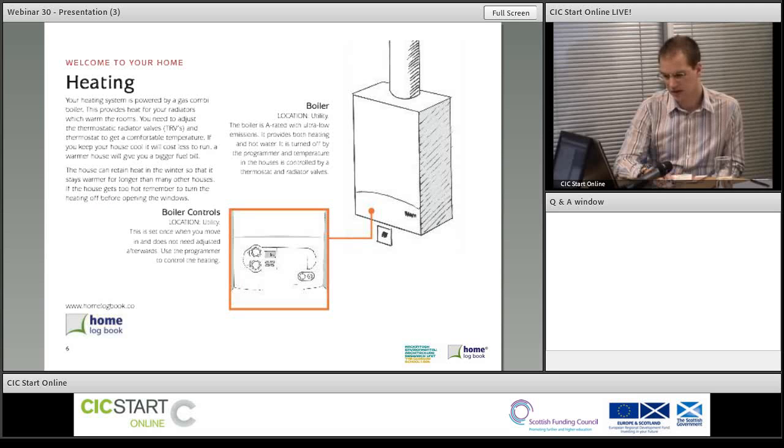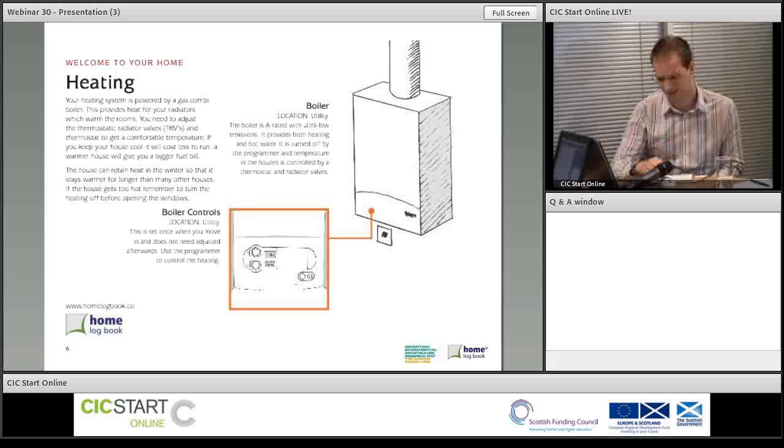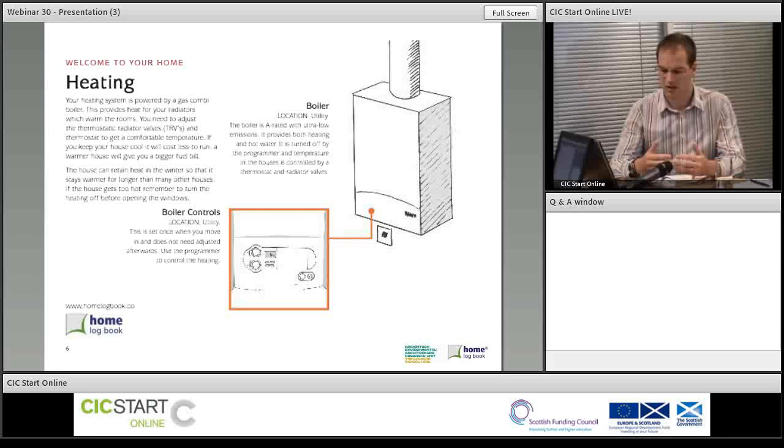It says what the boiler is, what the boiler controls are, what the thermostat is, and the TVRs, the thermostatic radiator valves that are on the radiators, and how they work, and also how they're connected, and which one you turn on and off at which particular time, and what actually controls the heating system.